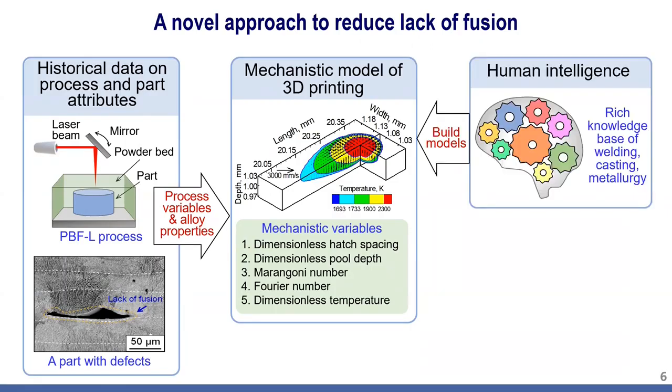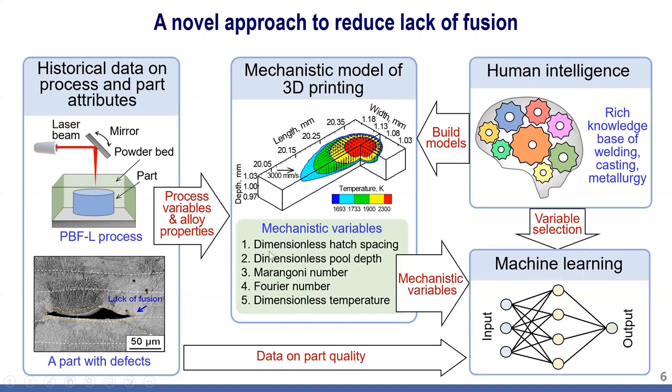And these models are built based on our knowledge base of welding, casting, and metallurgy. And we identify the important variables, take all the data we have got, take the output from the mechanistic models and human intelligence, and synthesize all that in the form of a machine learning.